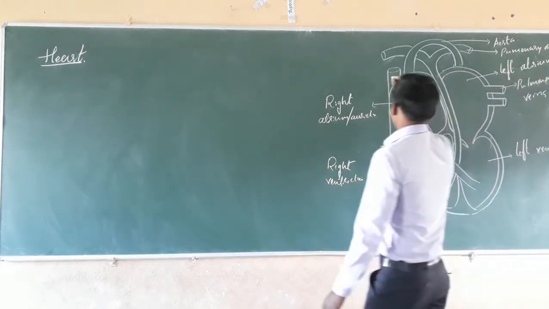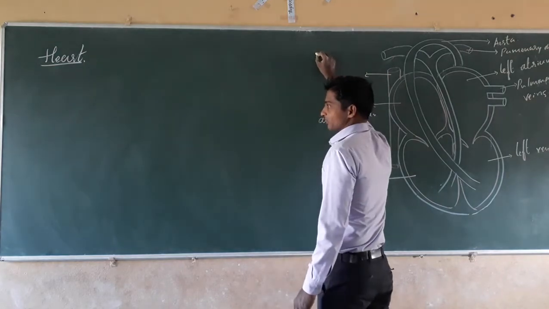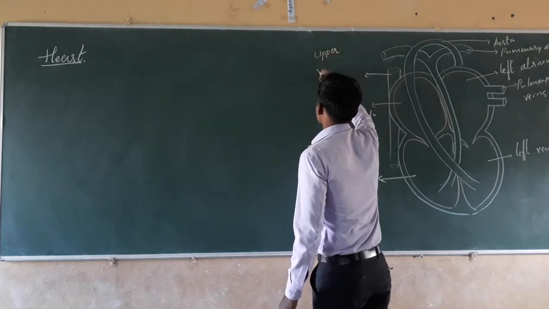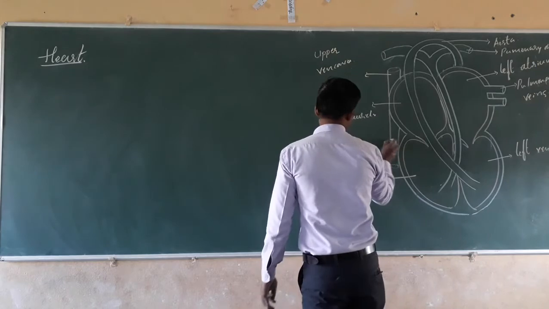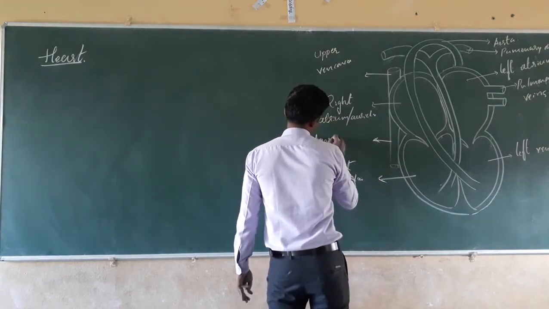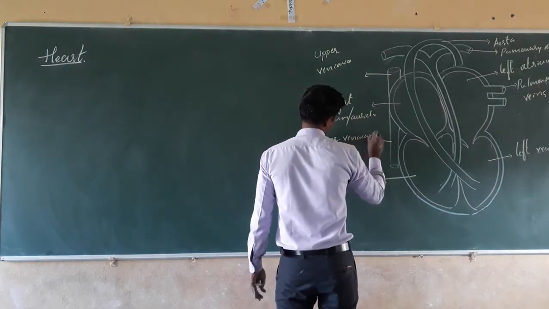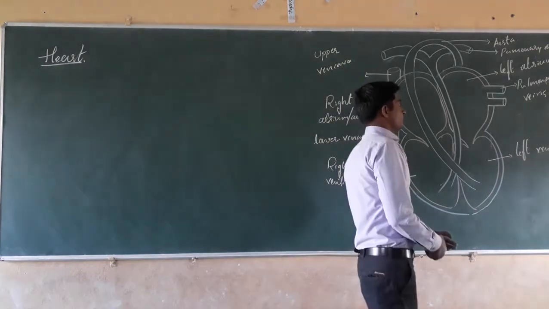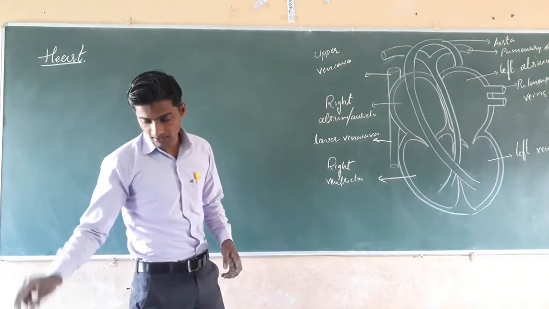And this one is called the upper vena cava, superior vena cava. This one is called the lower vena cava. Yes, these are the different parts of the human heart.